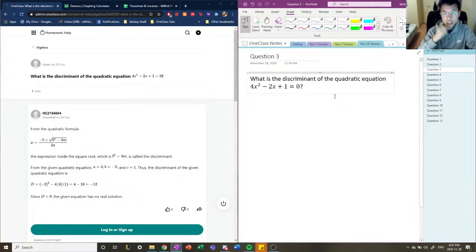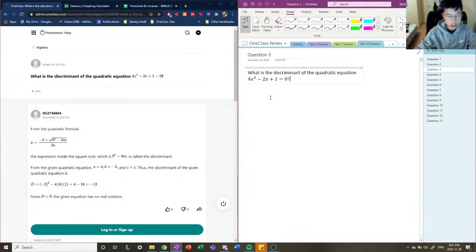What is the discriminant of the quadratic equation 4x squared minus 2x plus 1 equals 0? The discriminant is based off the quadratic formula. The quadratic formula is applied to second-degree polynomials.